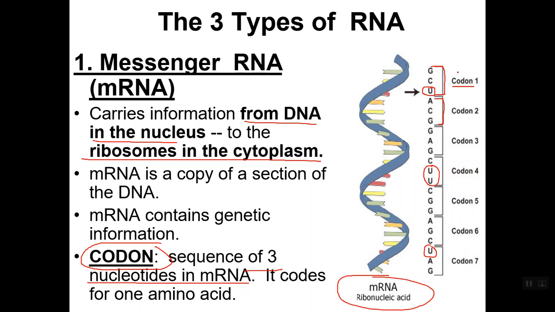Each codon codes for an amino acid. So codon number 1 is specific for a certain amino acid. I'm going to abbreviate those AA. Codon number 2 is also specific to a different amino acid, possibly, right? So each codon is going to request a different amino acid. So you can start to see how we're leading up to making proteins here.